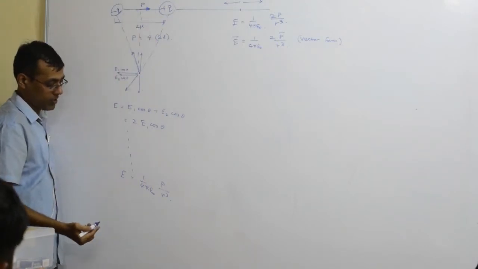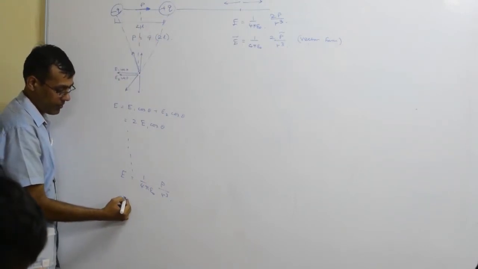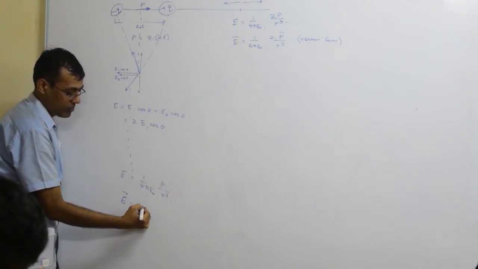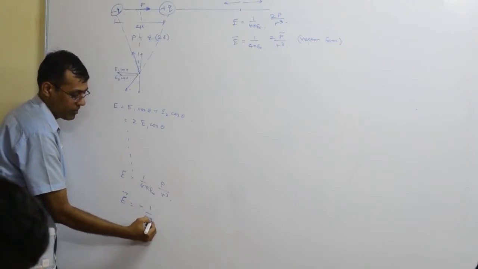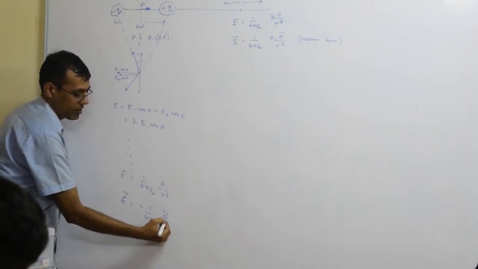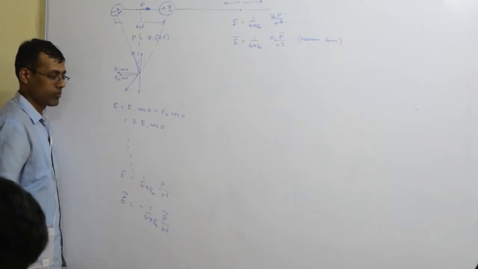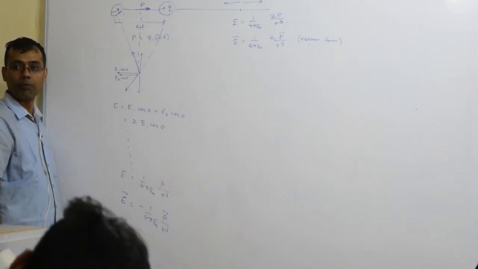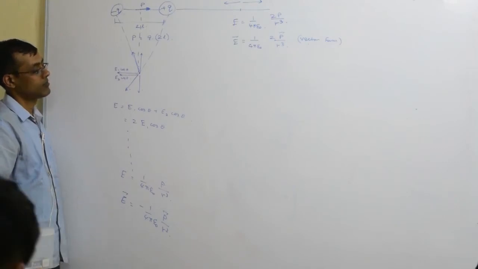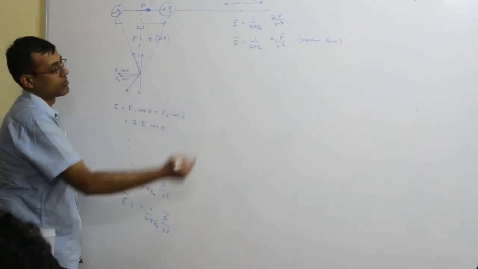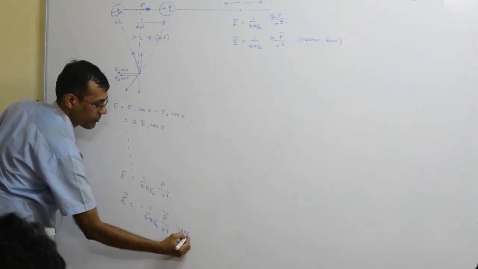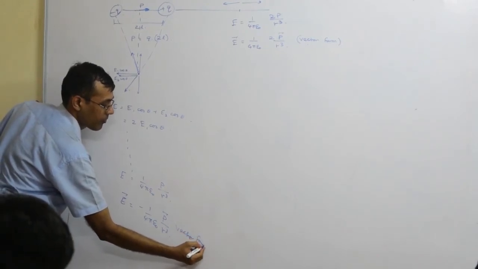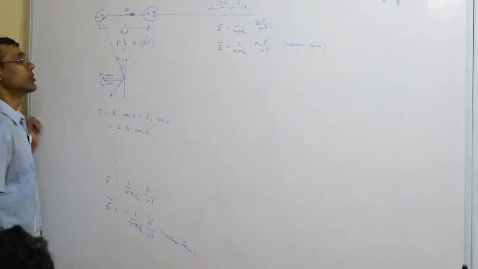So what should I do? How can I write it in vector form? E is equal to minus 1 by 4 pi epsilon naught P vector by R cube. Do you agree with this? Because it's in the opposite direction. So take it down. So this is a vector form, this is a vector form. We didn't have time to complete this.